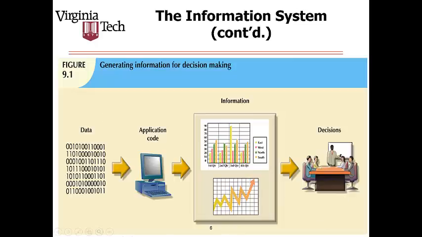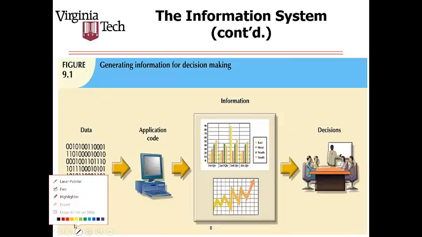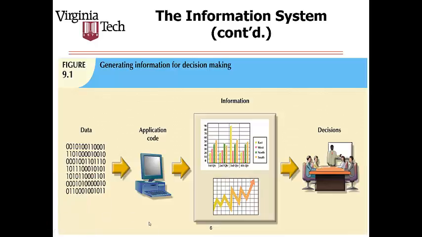So here's sort of the idea, just at its highest level, where we have some data, we have our program, and our program applies procedures, loops, ifs, sums, other things to create a report or visual representation that can be used to make decisions. And pure and simple, that's what an information system is.